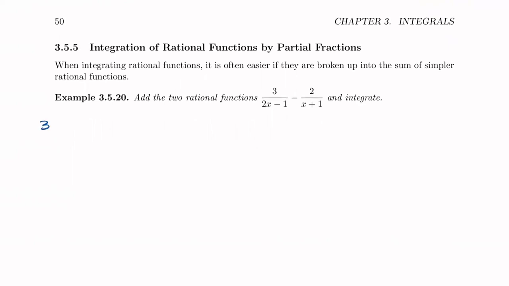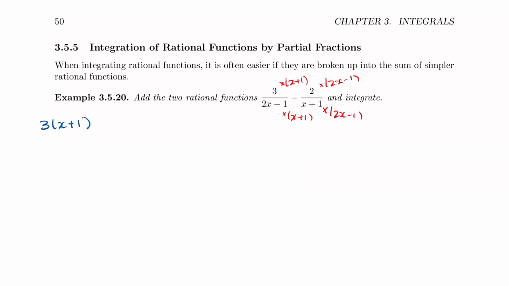If we want a common denominator, we multiply the first term by x plus 1, so multiply top and bottom by x plus 1. And for the second one, I'm going to multiply by 2x minus 1 on top and bottom.